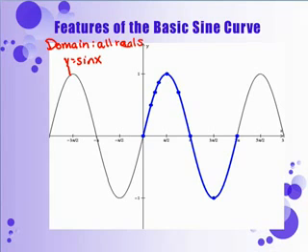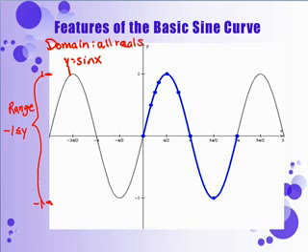And your range, your maximum here is 1, and the minimum is -1. So that means we have a range of -1 less than or equal to y less than or equal to 1. So y is always going to be between -1 and 1.